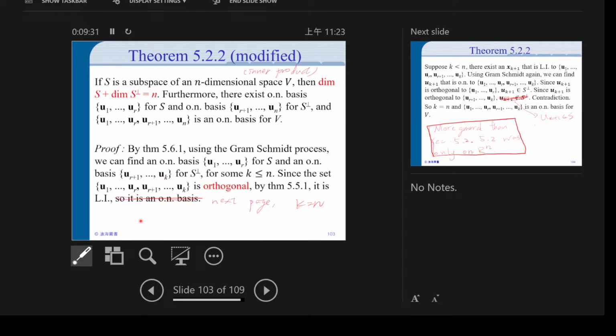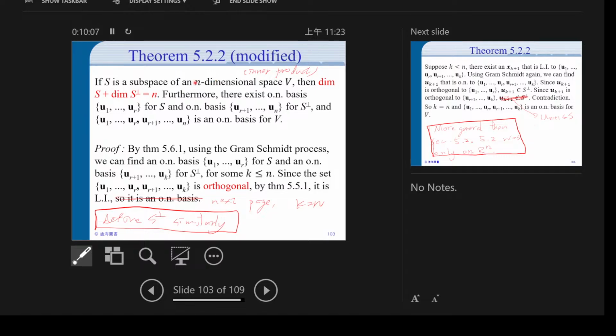And I guess here technically we should redefine this as perpendicular for a general inner product space, but let's just say we define it similarly as in 5.2, but on a general inner product space. I will update the slide later.